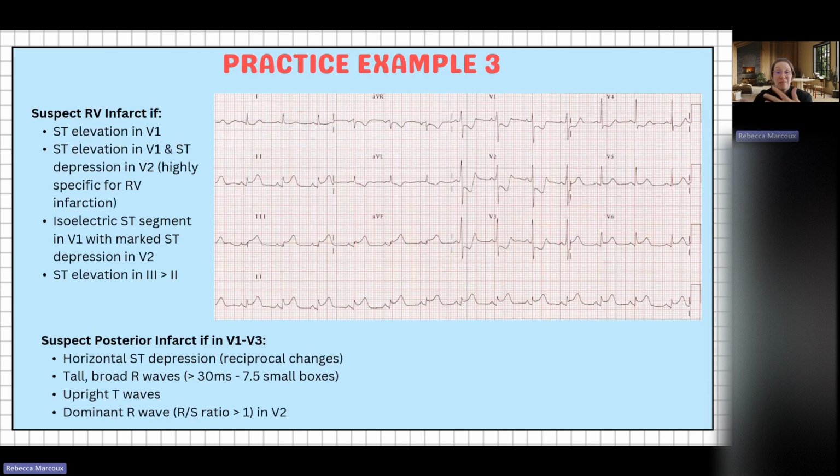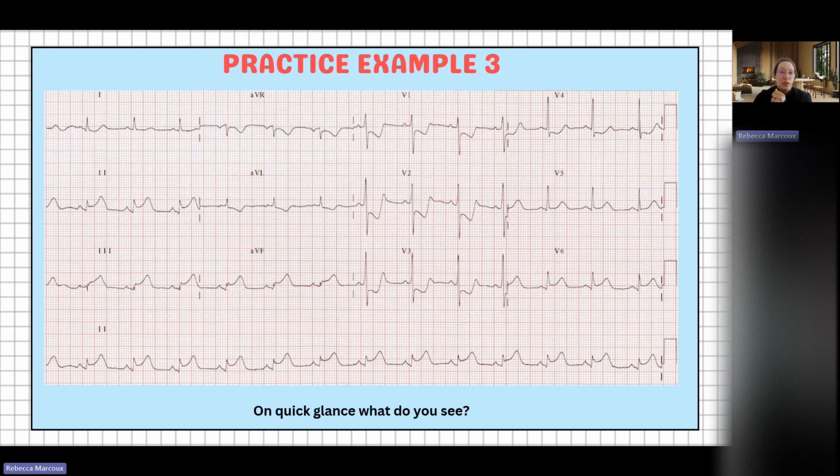So then my next question is, is there any reason in this patient to suspect RV or that the patient needs right-sided leads or posterior leads? So if we look at this ECG, do we think we need right-sided or posterior leads?